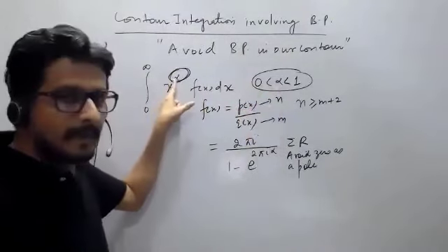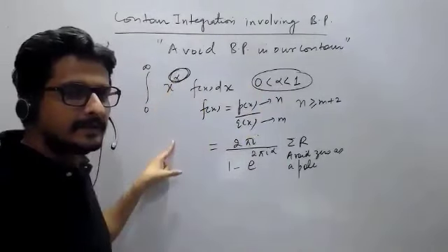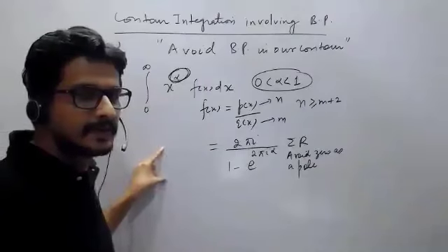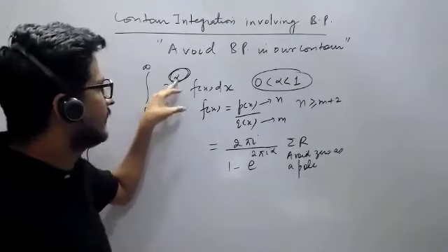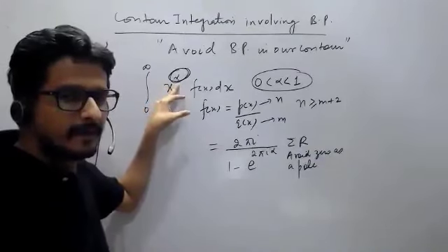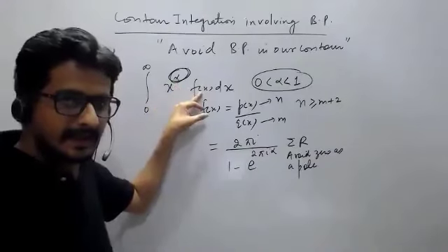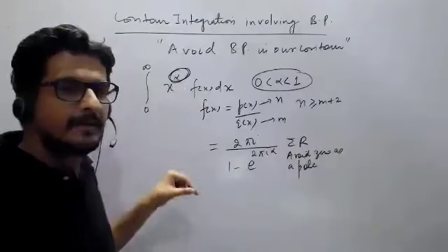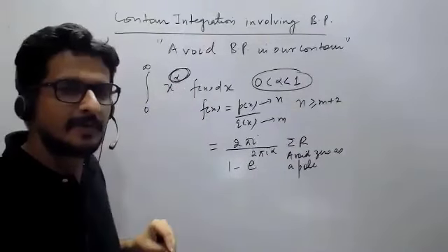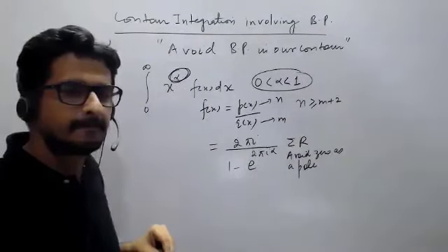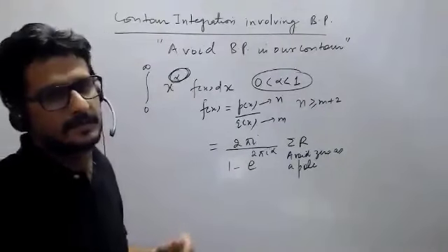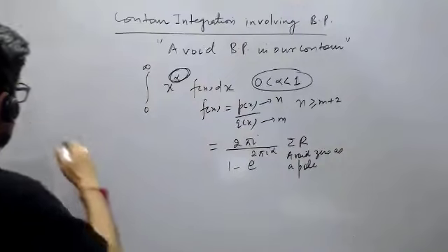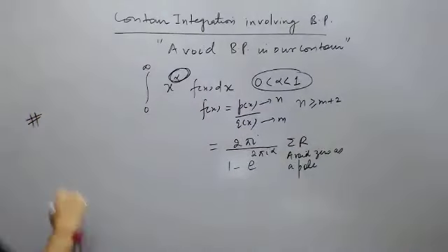So this will be x to the power half. If I consider this as a function f(z), it will become z to the power half times f(z), correct? So z to the power half, z is equal to 0 will become what? Branch point.